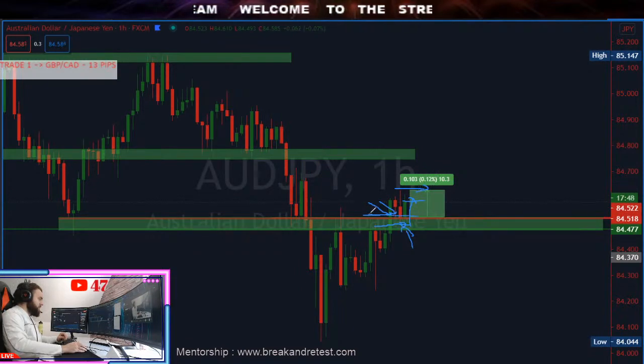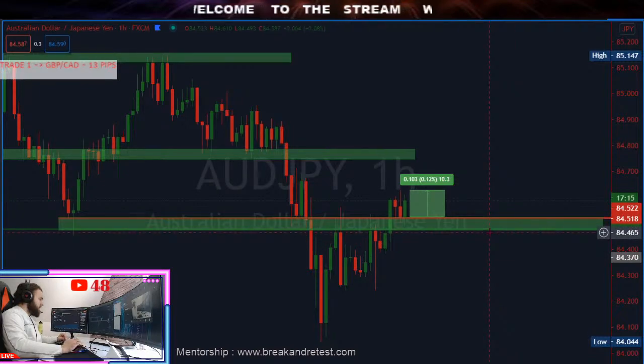So you don't close both at the same place because this one still didn't give you 10 pips. So you can close, let's say, half of your position when it reaches 10 pips and leave the rest run until it gives you 10 pips. Then you can choose, do you want to close everything or close most of it and leave the rest? Okay, so you wait only for the 10 pips, always?